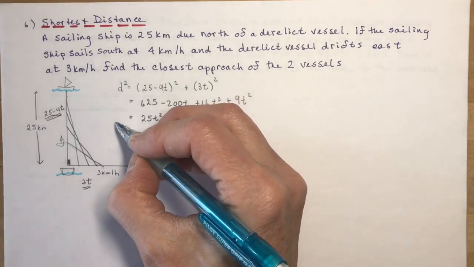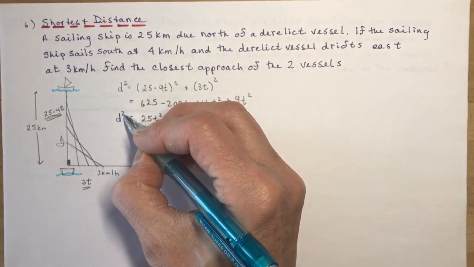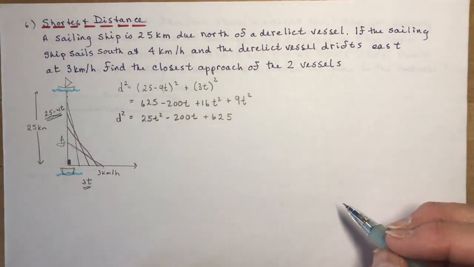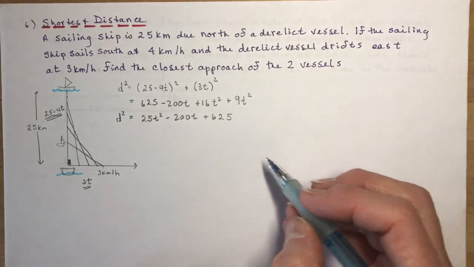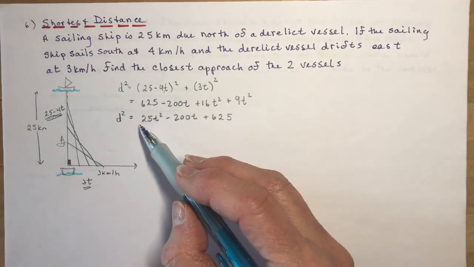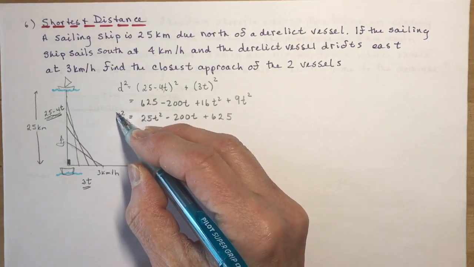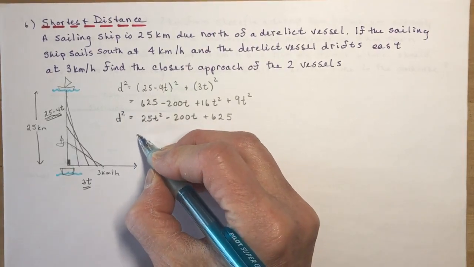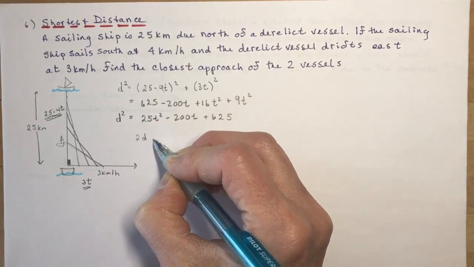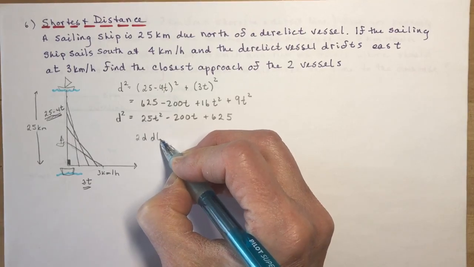So the problem here is that I have d squared on this side. So there's two approaches to doing this, and I'm going to show you why both of them still apply. If I take the derivative of this without taking the square root, I can write this. I'll take the derivative of d squared, so that's 2d, and the derivative with respect to time.